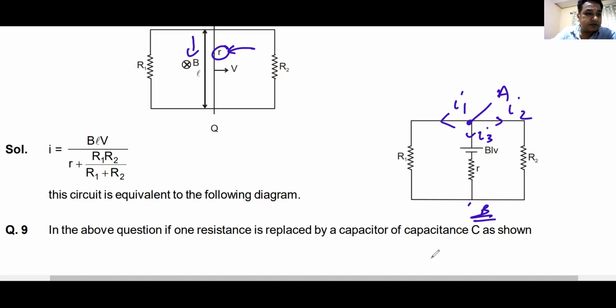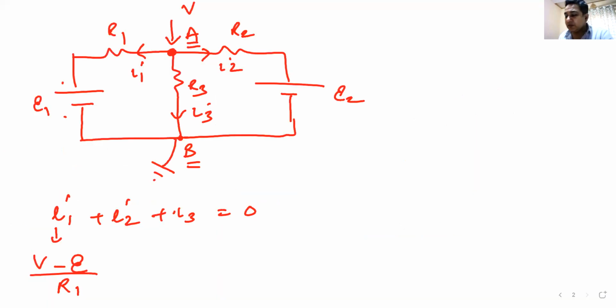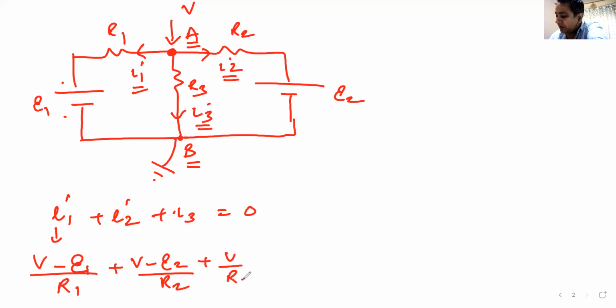Okay, so this is how I've drawn this. I1 is here, I2 is here, I3 is here. I1 becomes (V minus E1) by R1. I2 becomes (V minus E2) by R2. I3 becomes V by R3. That is equal to 0.